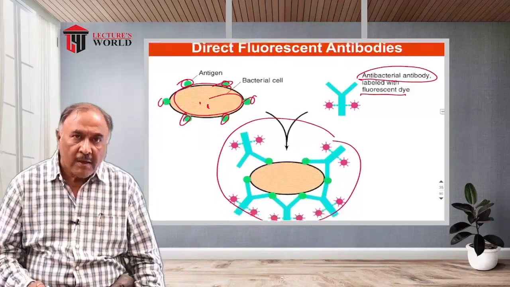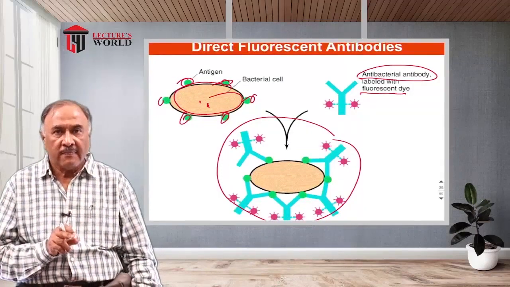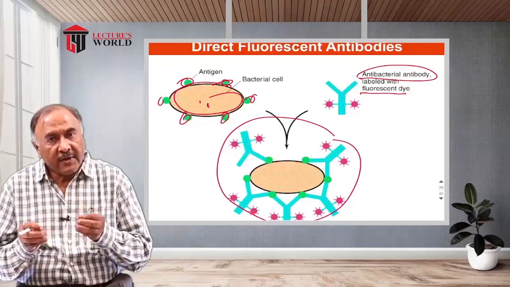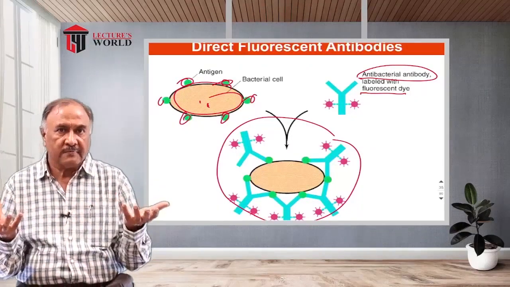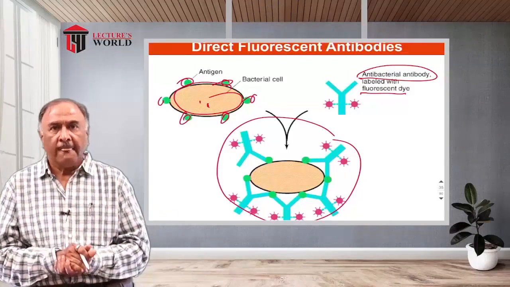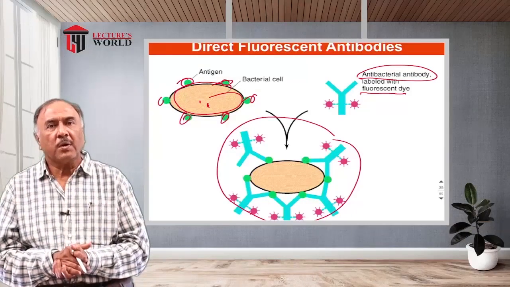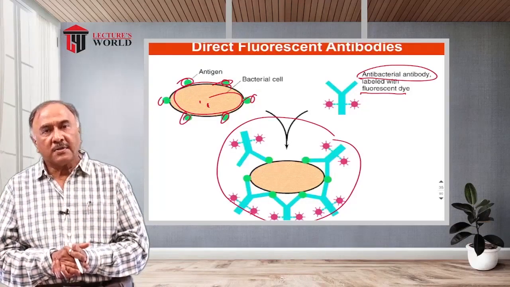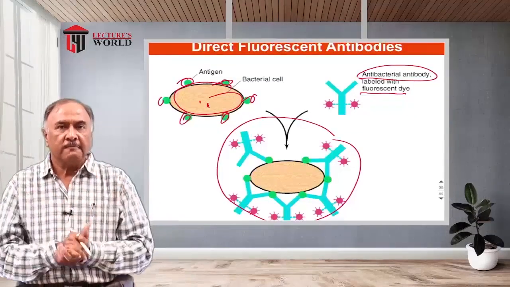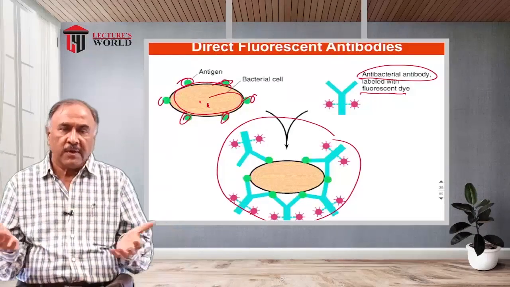If those antigens are present in the slide, they would bind to the antibody and these antibodies would fluoresce when they are exposed to UV radiation. Therefore, the technician does not have to search hard for the particular organism, because fluorescence will be clearly observed against the dark background.